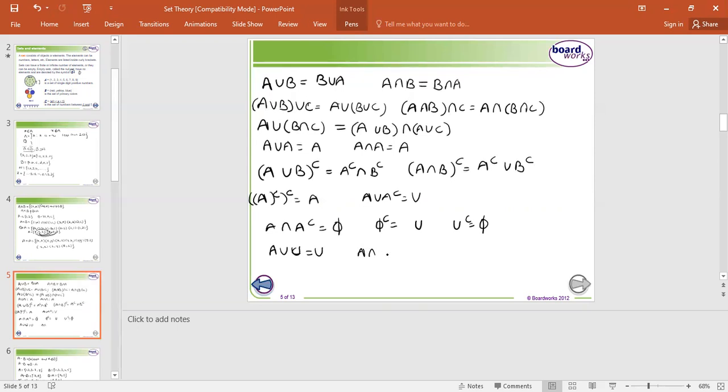A intersection universal set will be A. Properties of null set: A union empty set we will get as A, and A intersection null set will be the empty set, that is the null set.